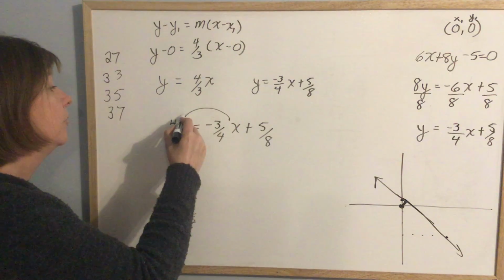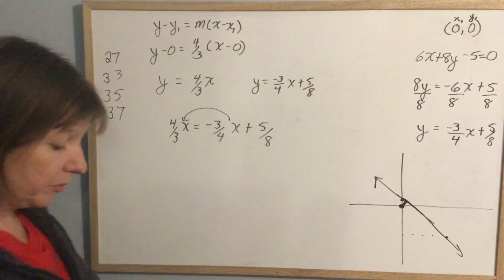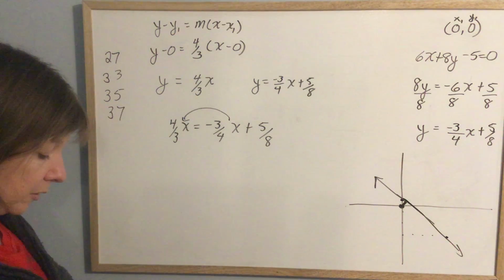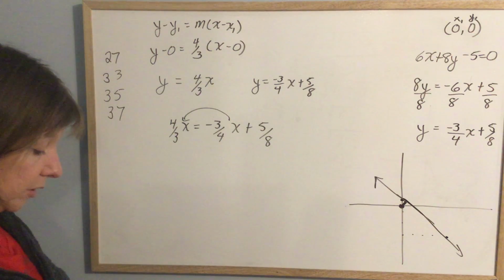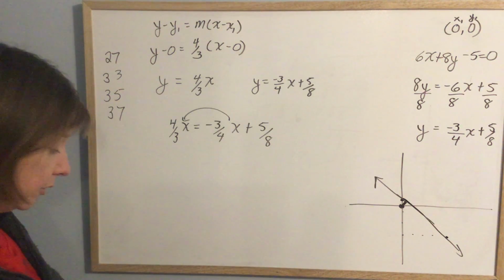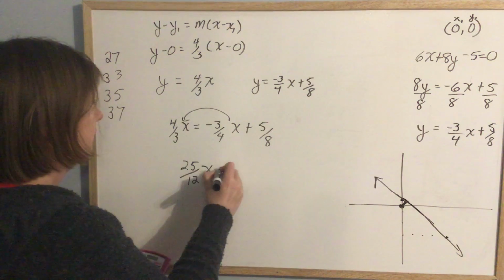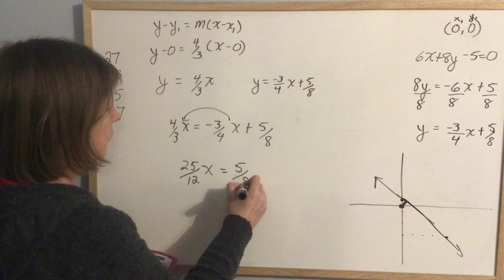So if I move this over here, I have 4 over 3 plus 3 over 4, which gives me something awful: 25 over 12x is equal to 5 over 8.